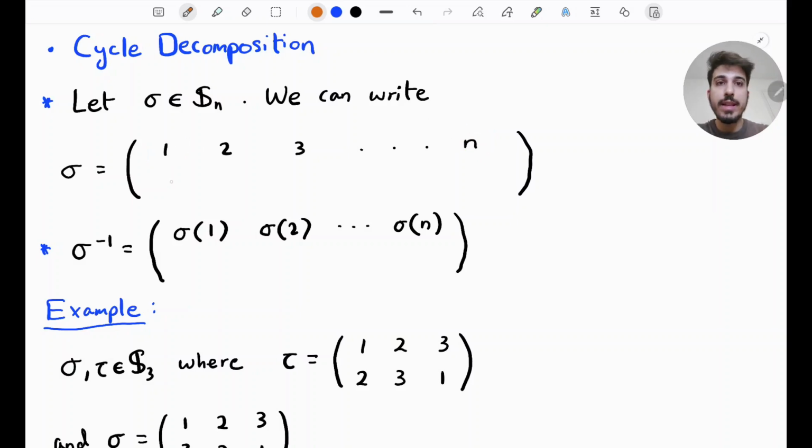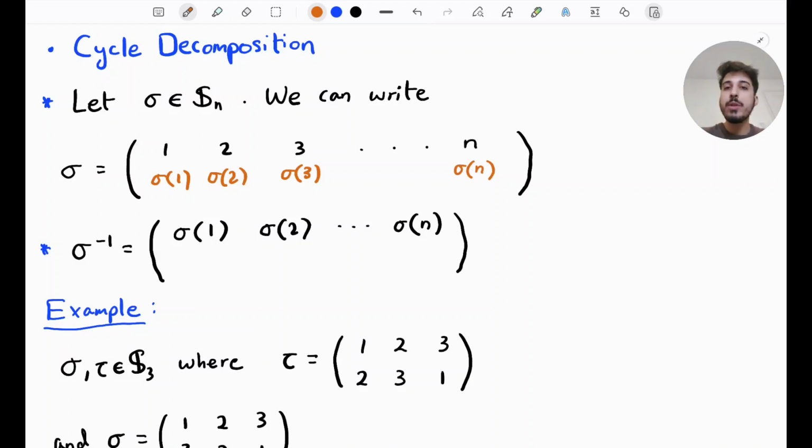So 1 is sent to sigma of 1, and sigma of 1 could be any number between 1 and n. 2 is sent to, you guessed it, sigma of 2. 3 is sent to sigma of 3. n is sent to sigma of n. So this is how we explicitly mention where sigma sends each element of the set 1 to n.